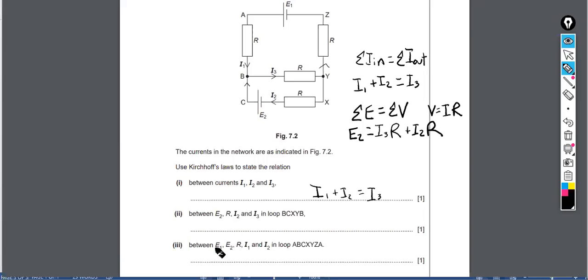The last one says between E1, E2, R, I1, and I2, and just this outer loop. So we don't need to consider this branch anymore. We're just doing the outer loop. When EMF sources are wired like this, with positive connected to positive, the rule is we subtract the EMF.